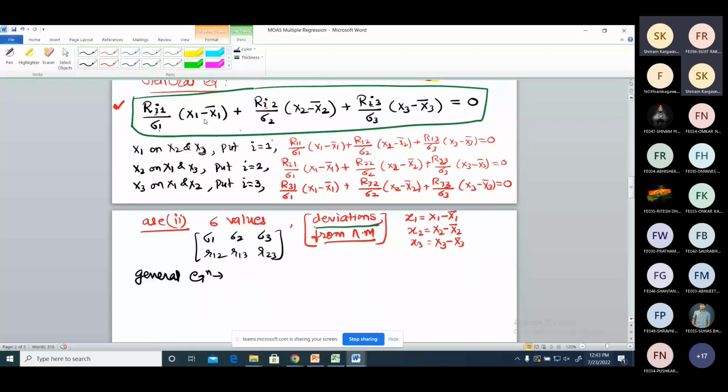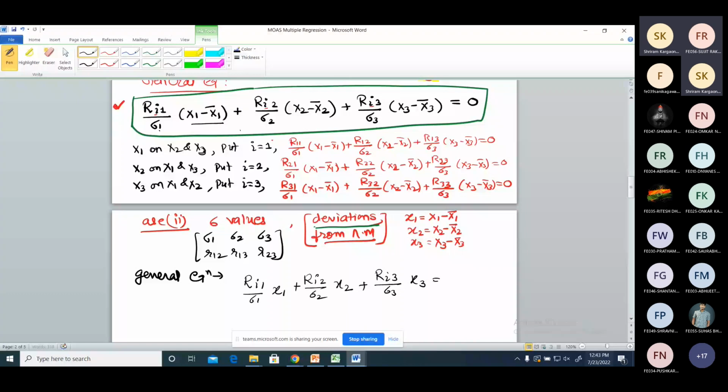I am writing R i1 upon sigma 1 into small x1, plus R i2 upon sigma 2 into small x2, plus R i3 upon sigma 3 into small x3 is equal to 0. So that is the change.